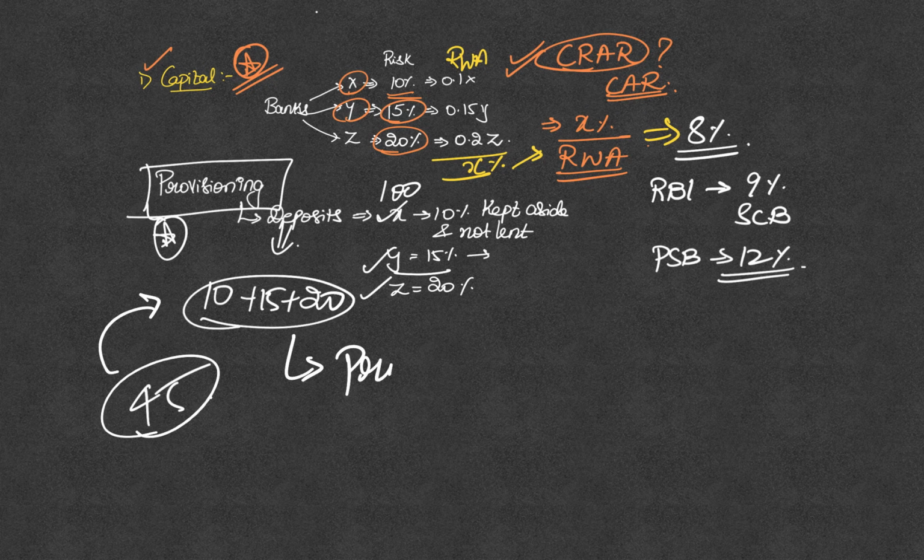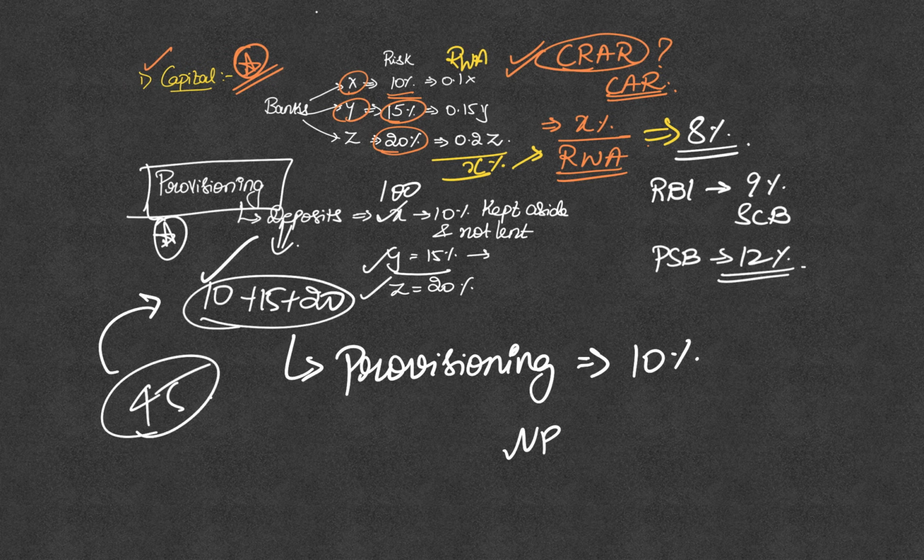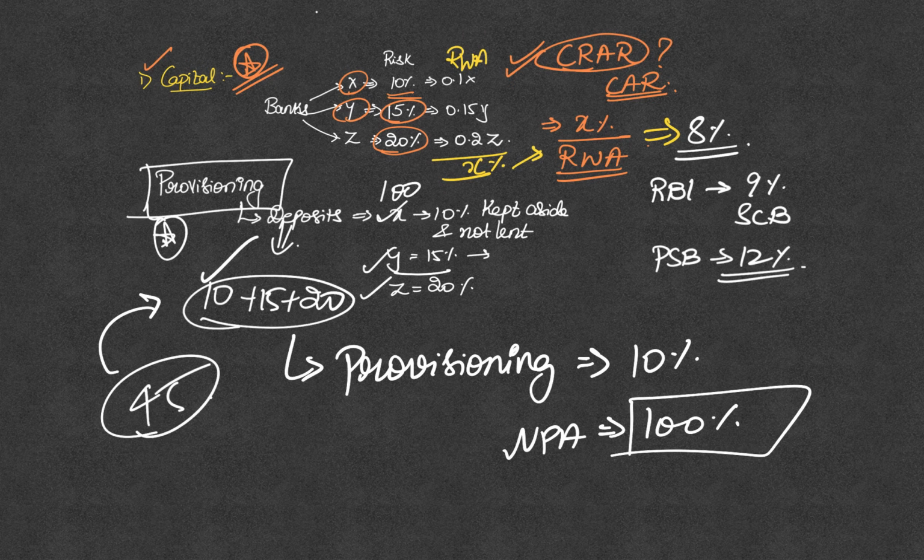The provisioning of that particular loan will actually become 100% of the given loan. Let's say the risk is 10%. If it actually becomes a non-performing asset, it will become 100% because it is not yielding any return, and in fact the entire amount is eroded. It is a sort of a loss for the bank.